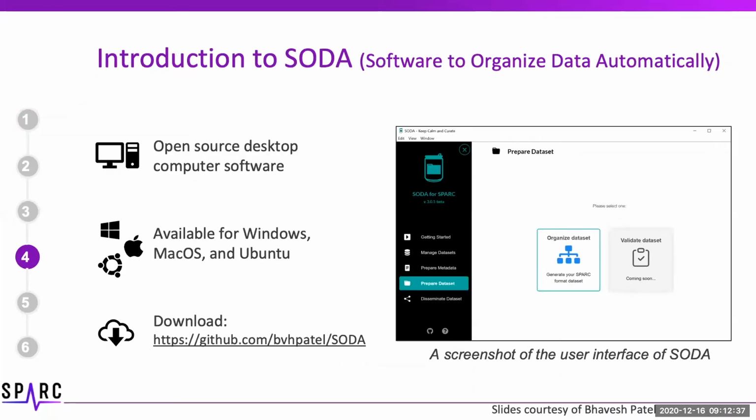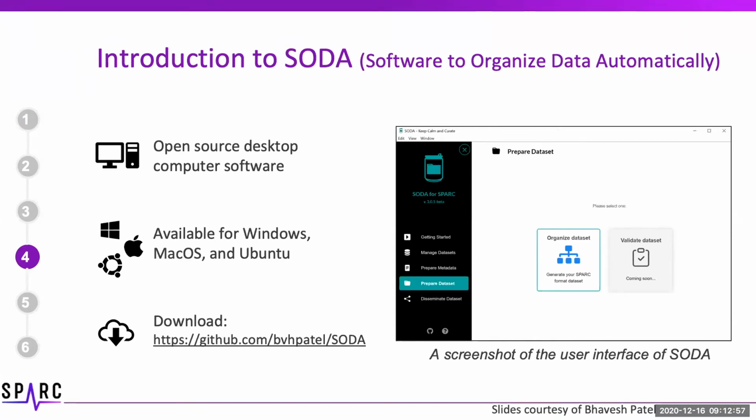Here, I would like to propose the solution to your data curation pains: a software to organize data automatically, SODA. That is a program meant to make uploading of datasets into Blackfynn a quicker, easier process.